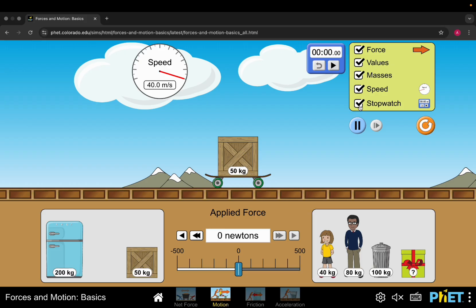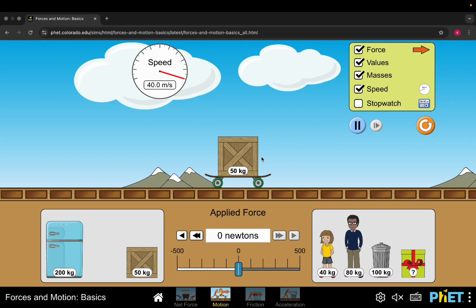Mass, speed. Stopwatch? No, we don't need a stopwatch. This box weighs 50 kilograms, and it reaches a speed of 40 meters per second. It won't stop because there is no friction, right? Yeah, it actually keeps speeding.